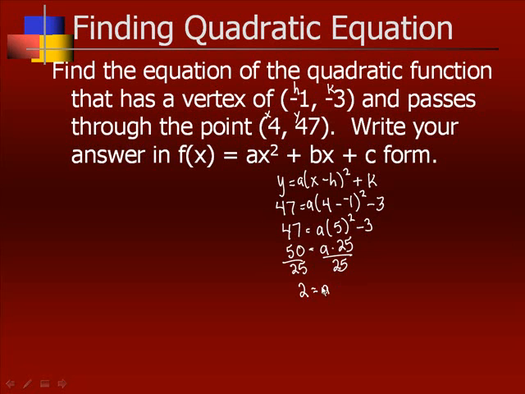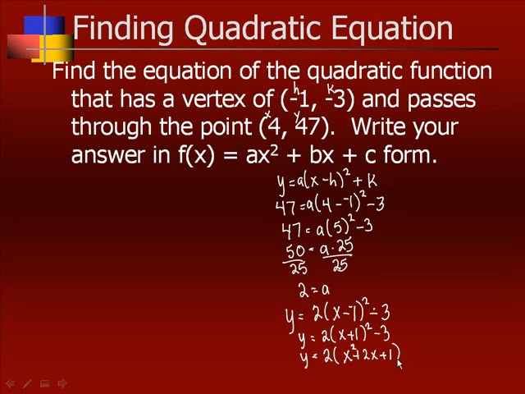So now we can go back onto our formula and say y equals 2 times x minus negative 1 squared plus k, which is y equals 2 times x plus 1 squared minus 3. Now let's FOIL this out. y equals 2 times x squared plus 2x plus 1, if you FOIL that, minus 3.